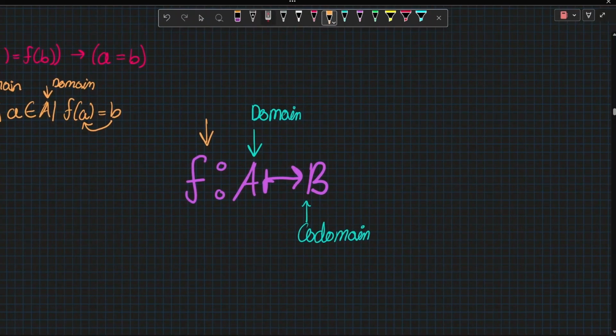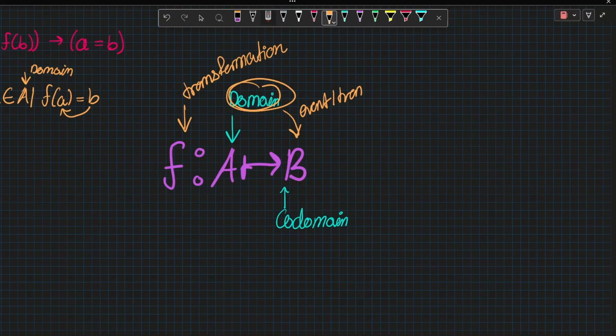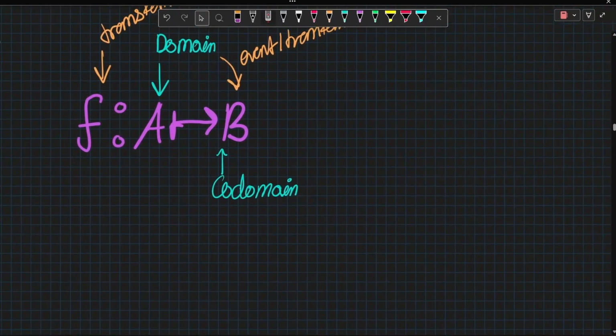And what a function is, besides the labeling, is a sort of transformation. In some way, our domain values are transformed into our codomain values, through some event or transformation, and through this transformation, we convert values from our domain to our codomain.